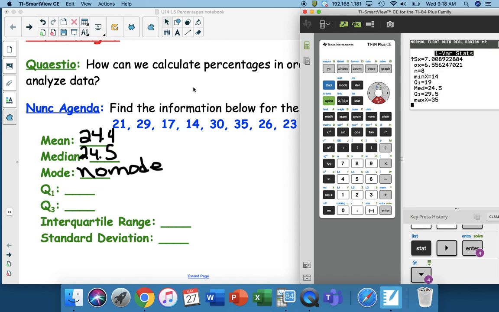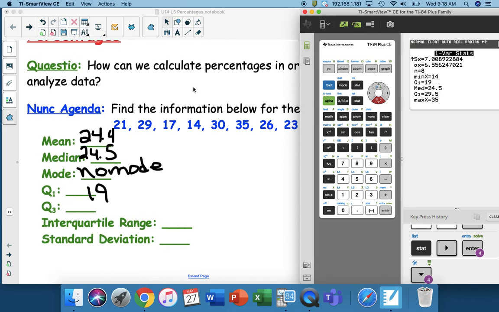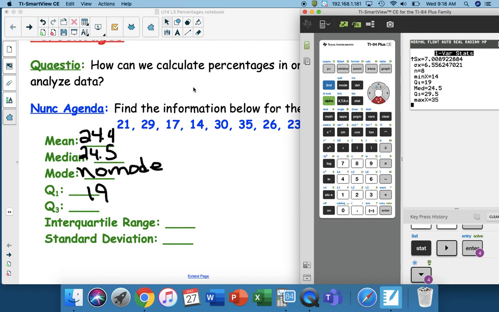Okay. Q1, 19. Q3, 29.5. Interquartile range is 10.5.